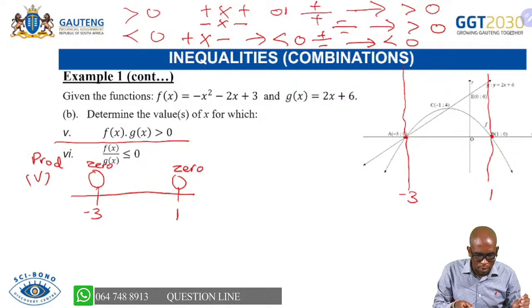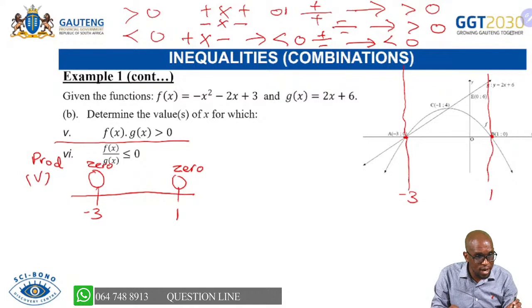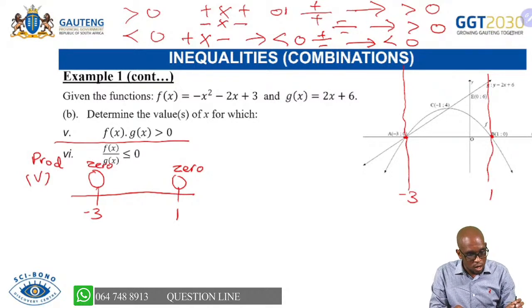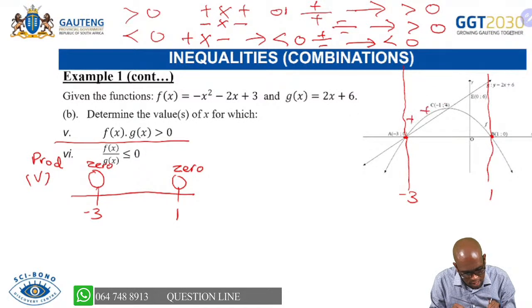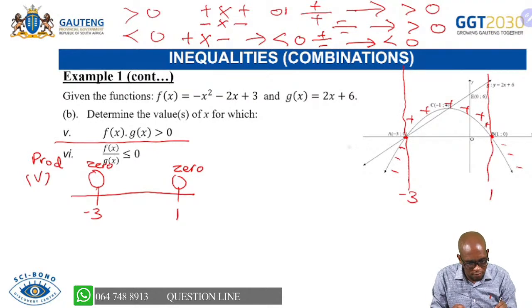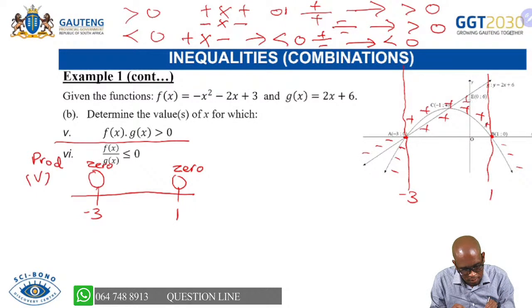Now, I'm going to go back to the functions and check where one graph is above and the other is below. For the first one, you check where f is positive. F is positive here. The graph of f is above the x-axis here and below the x-axis there. And when you look at the graph of g, it's below the x-axis here and above the x-axis there.